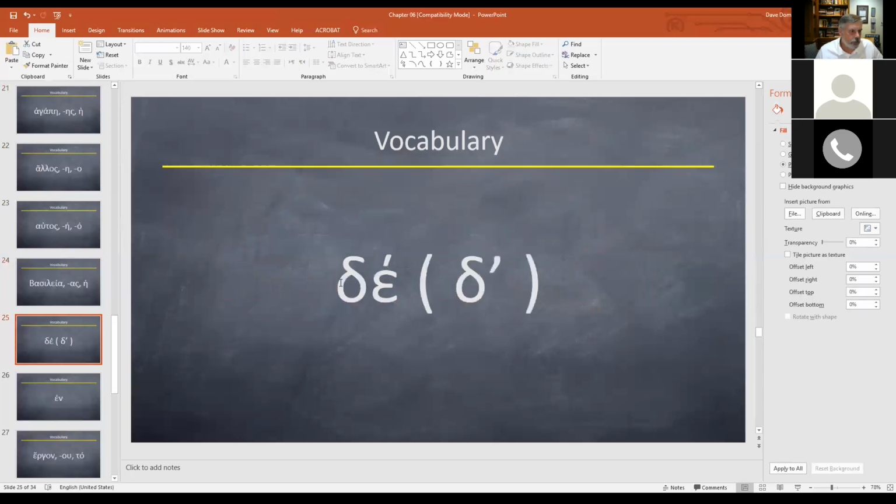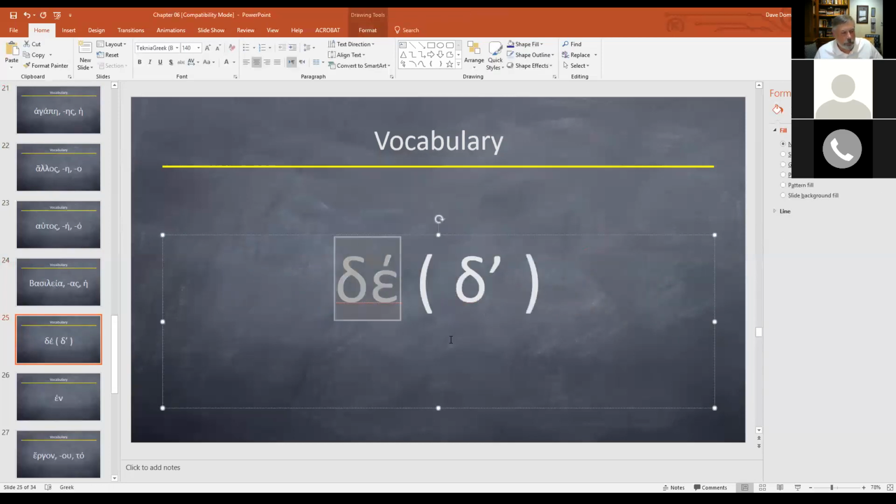Here's the post-positive we saw, de. Sometimes, when we do English, we can have some words we write like can. Let me do this in English, just so you can see.